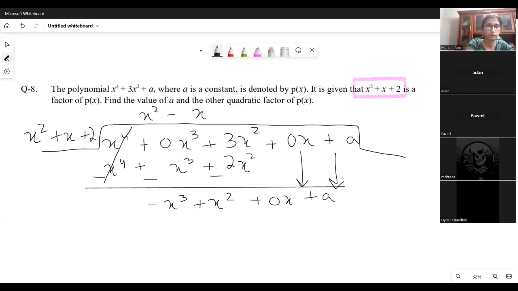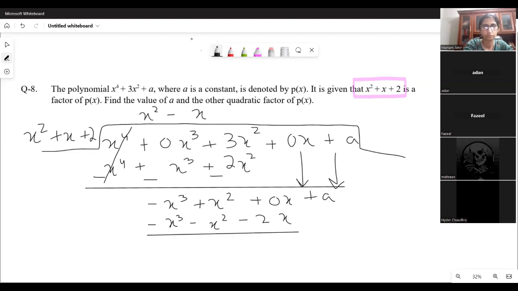Minus x. So minus x cube minus x squared minus 2x, plus, eliminated, 2x squared plus 2x plus a.